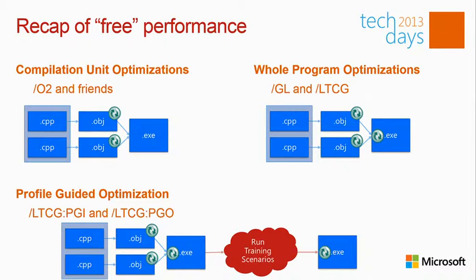Who's using 2005? 2008? 2010? 2012? Later? There's no later. Okay, all right. Well, let's say it's a good spread. Chances are, if you have 2005 and later, you already have all the things I've talked about here. You should go play with it and try it. If you don't have these, go get them, please.